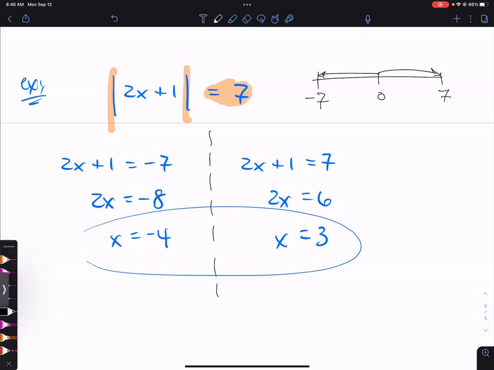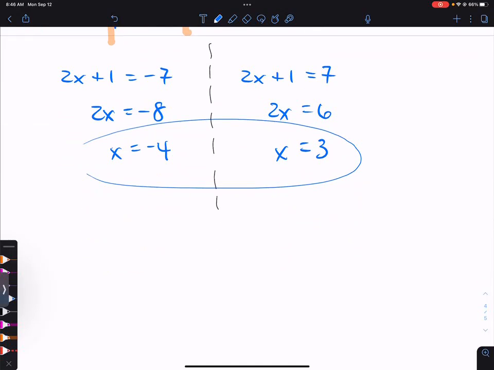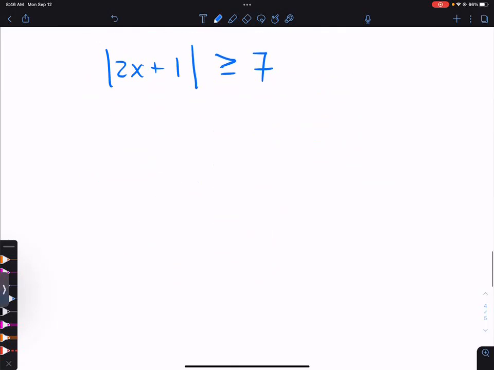All right, well, what if instead we wanted to take the same thing or almost the same thing and figure out where it's greater than or equal to 7? What could we do?